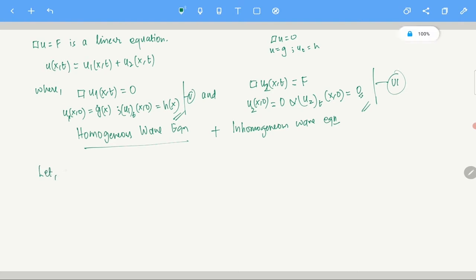I will denote it like this: w, for the wave equation, w_F of x, t, s. You remember that s, the solution of the homogeneous problem.